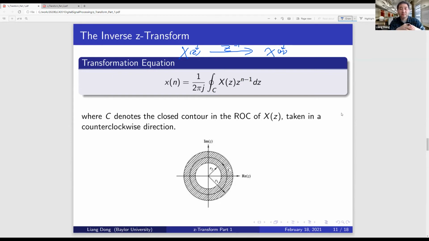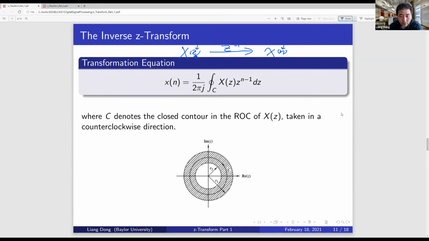n is a time domain, it's just one dimension. It's discretized, so you can just sum. But z is a complex domain. It's continuous. Therefore, I need to do an integration. But this integration is in the complex plane. How are you going to find all these z? When you do integration, you need to traverse your axis, in this case my z plane, and give me all these complex numbers.